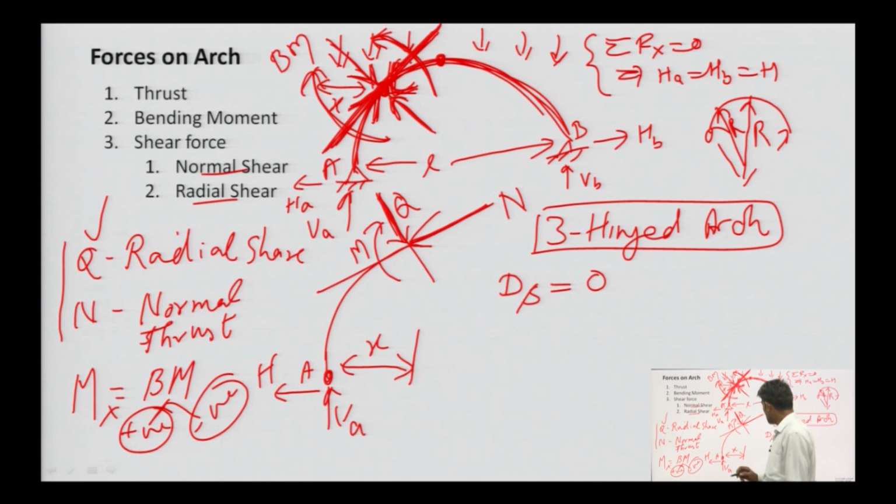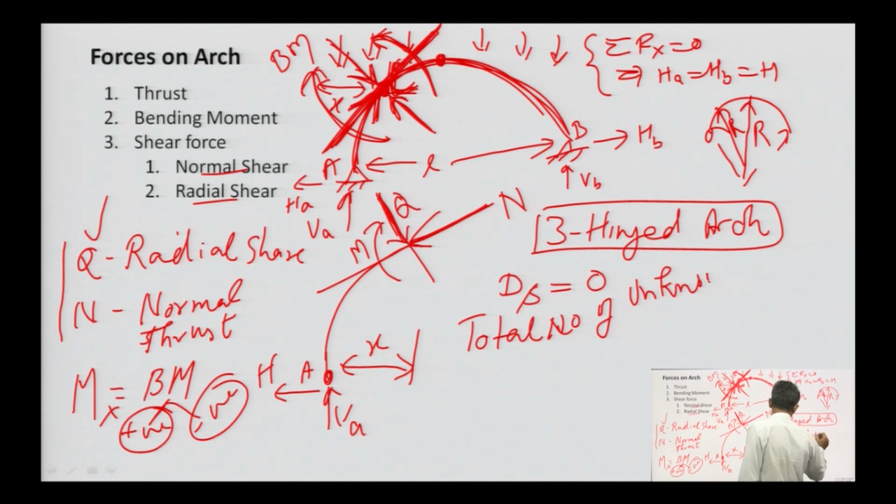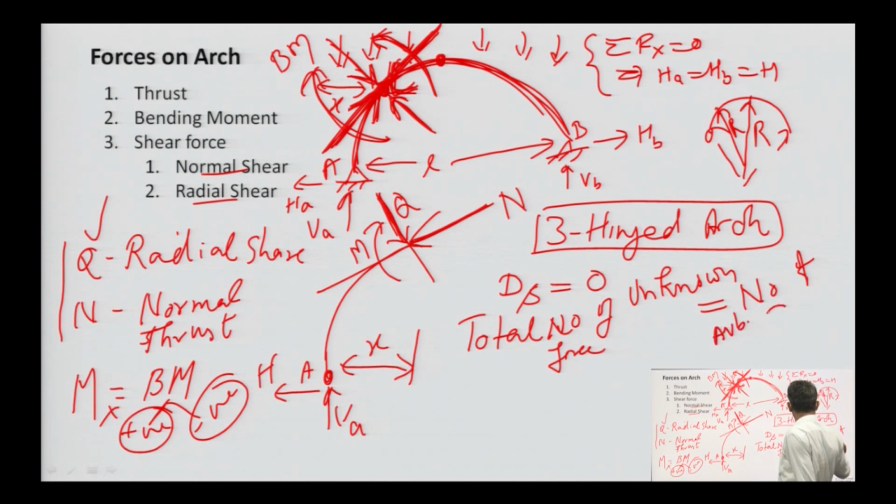It means the total number of unknown forces is exactly the same as the number of available equilibrium equations.